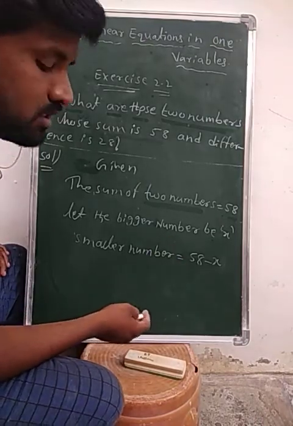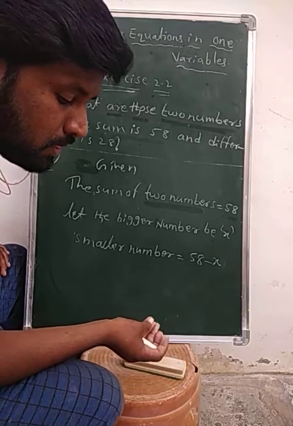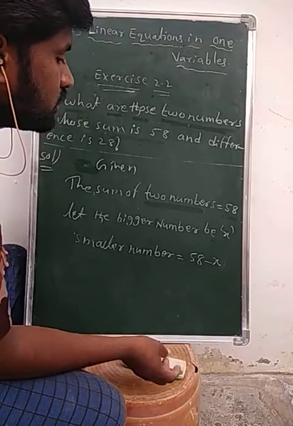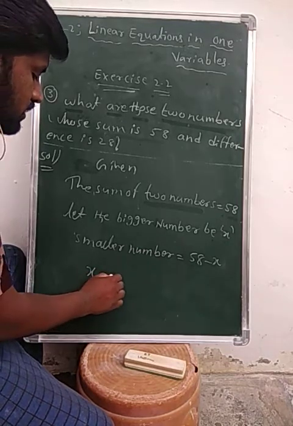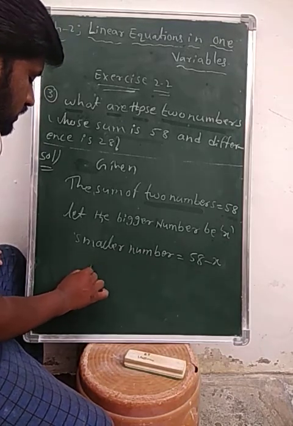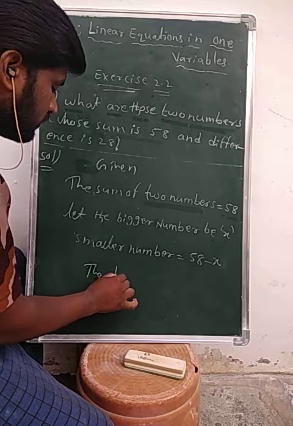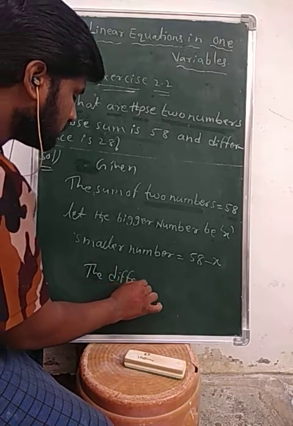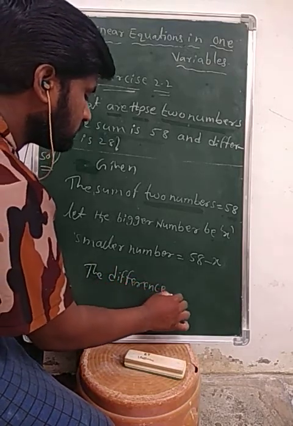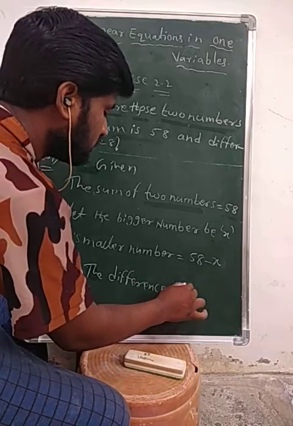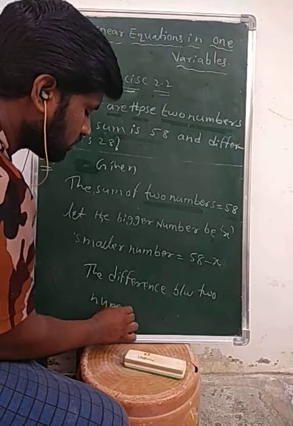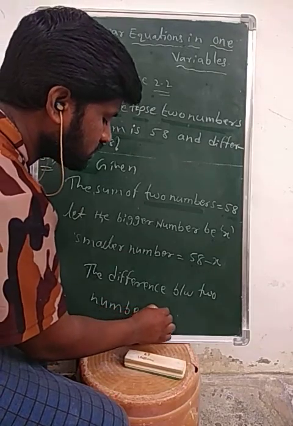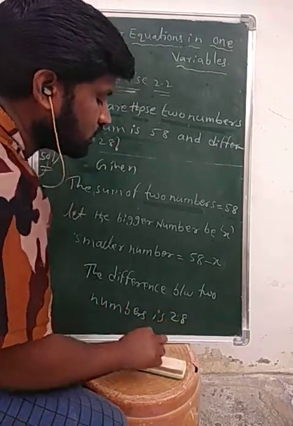Their difference is 28. So the bigger number is x. According to the question, the difference between two numbers is 28.